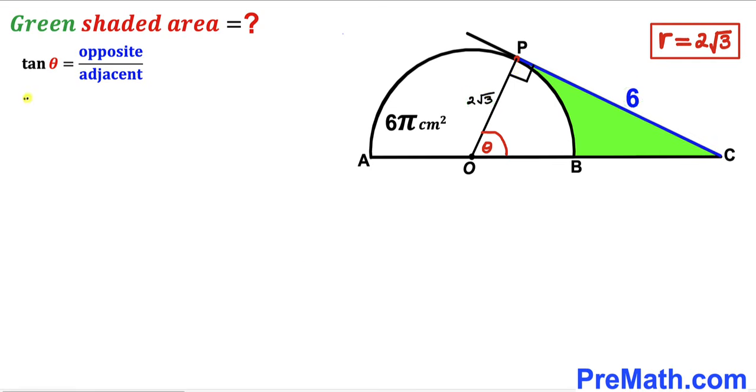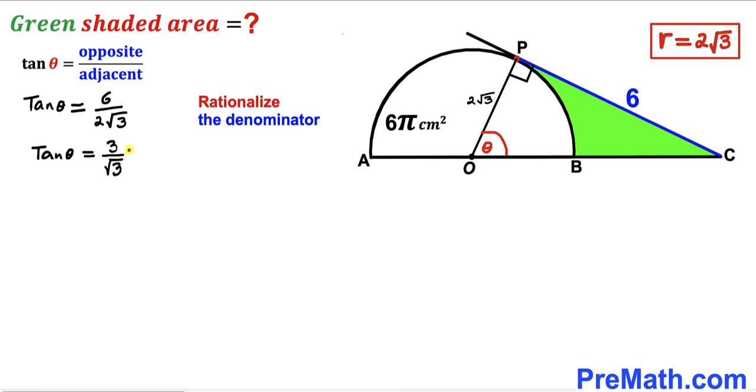So our tangent theta is going to be equal to 6 divided by 2 times square root of 3. Let's simplify. So tangent of theta is going to be 3 divided by square root of 3.